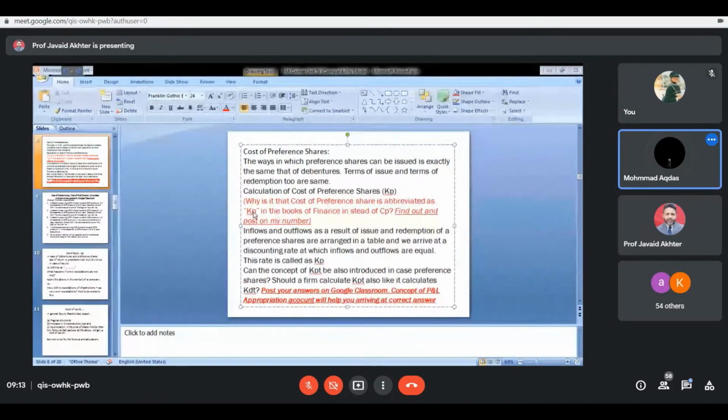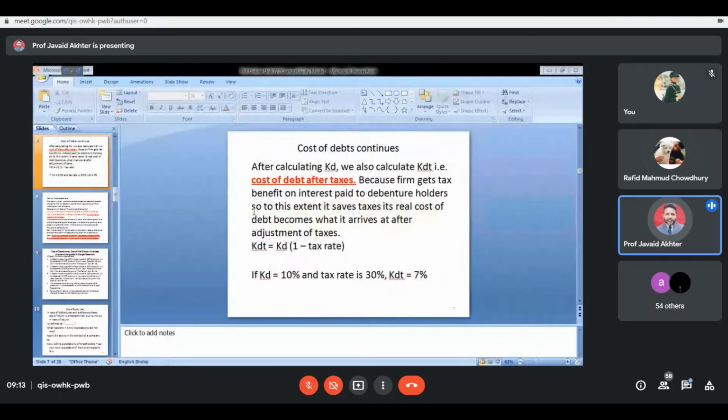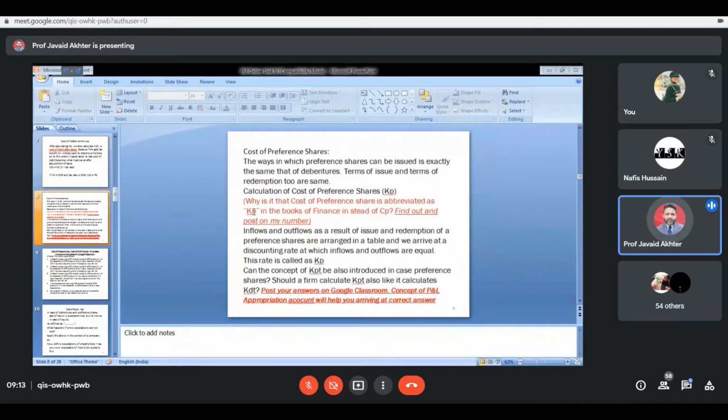CP. CP, sir. Okay, what should be the short form of cost of debt? CD or KD? CD. Similarly, it should be CP, but in every single book of financial management that you can lay your hands on, go to the chapter of cost of capital, you will find these terms only: KD, KP, cost of equity.